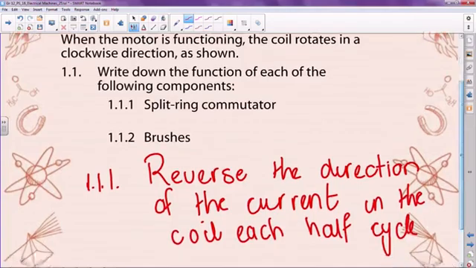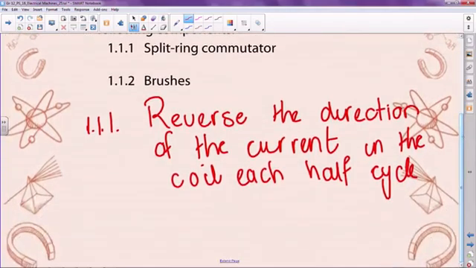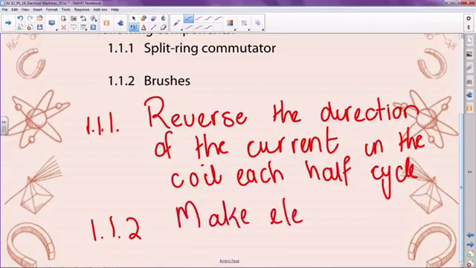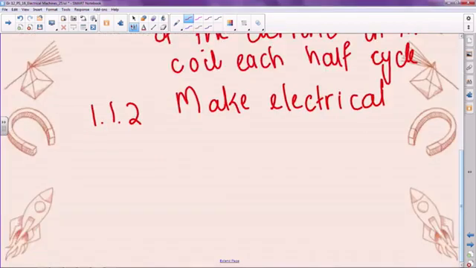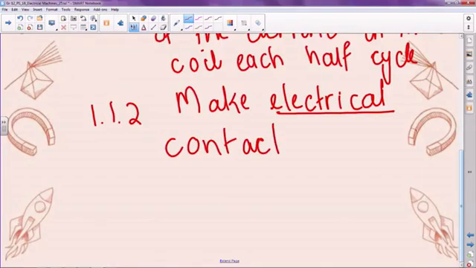Okay, now the brushes, and this is exactly what I told you. The point of the brushes is to make electrical contact. Please be careful here. This was a bit of contention for a while, but you have to use the word electrical. You can't just say to make contact with the commutator. It's to make electrical contact.